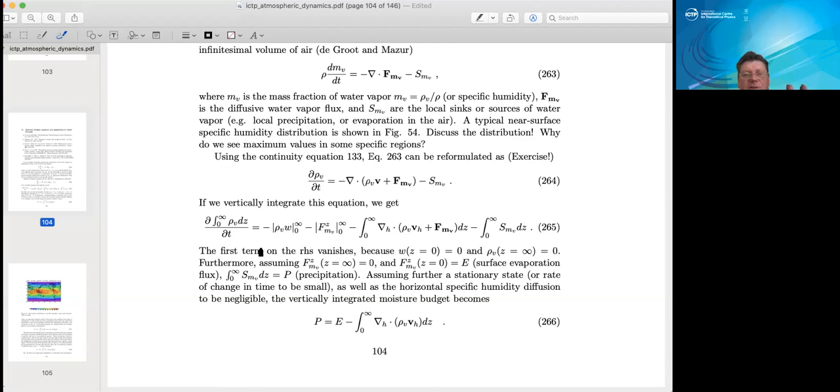So in a long-term stationary state, probably even valid for monthly means, this equation has to be valid. The precipitation can only come from local evaporation or a vertically integrated moisture flux convergence term, which is what we see here.